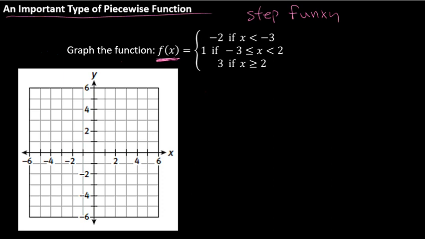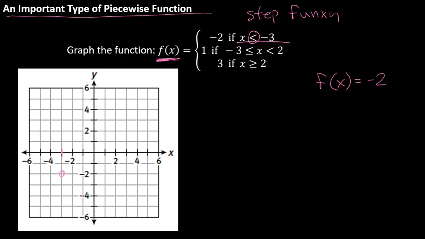So, graph the equation f of x equals -2, based on this domain restriction, x is less than -3. So here's -3. If x is less than that, f of x equals -2, which is right here. That's going to be an open circle, because of this symbol we've got here.